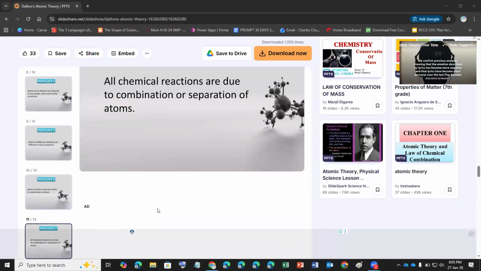Let's look at the model that we've all come to really embrace, which led to the periodic table that we all know today. That's Mendeleev's table.